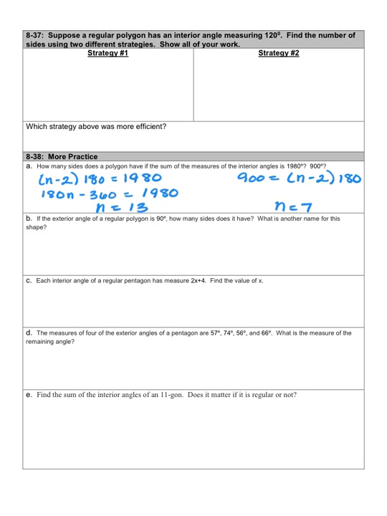In part B, it says the exterior angle of a regular polygon is 90 degrees. How many sides does it have? What's another name for this shape?